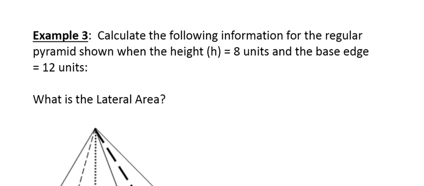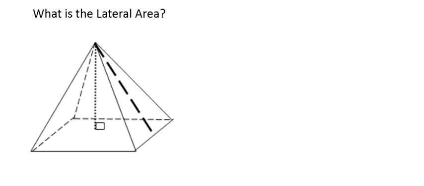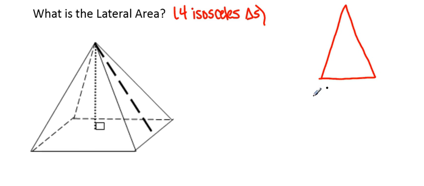The next thing they ask us to find is the lateral area. So lateral area, I'm going to think about again, the lateral area is made up of these 4 congruent isosceles triangles. So these 4 triangles that make up our lateral faces, since this base edge length was 12 and this slant height was 10, the base down here is 12 and the slant height in each one of these is 10.